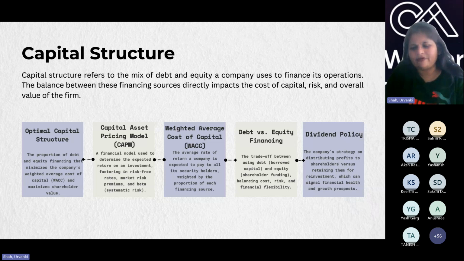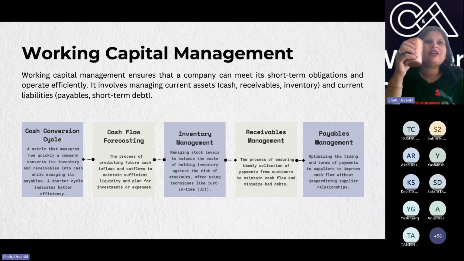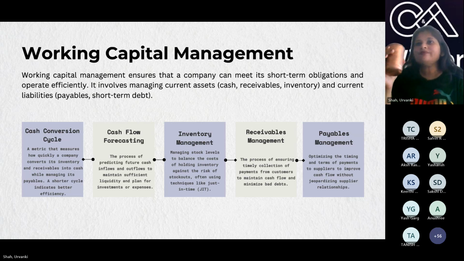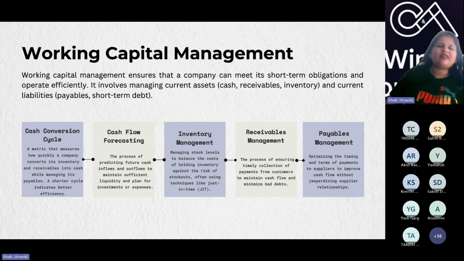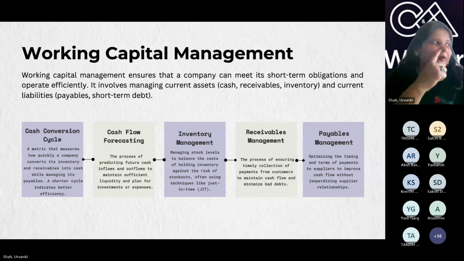Okay. And next, now we are coming to working capital management. So it ensures that the company can meet its short-term capital obligations and operate efficiently. Now, say in the same example of the ice cream industry, right? Your working capital would be what?